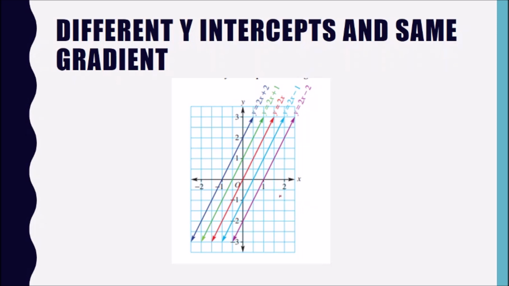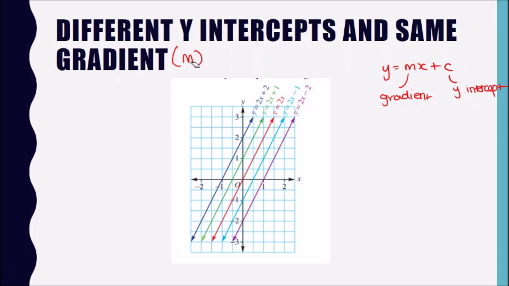If you have a look at your screen, you will see that these are different y-intercepts, but they have the same gradient. Gradient is the letter m, because the linear equation is given by y equals mx plus c. So this one here is the gradient, and c is the y-intercept. You will be able to see that the gradient is the same.